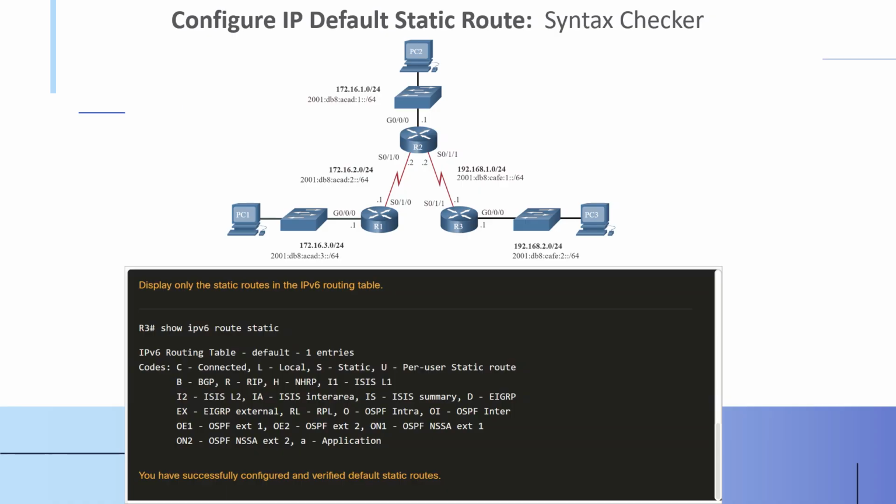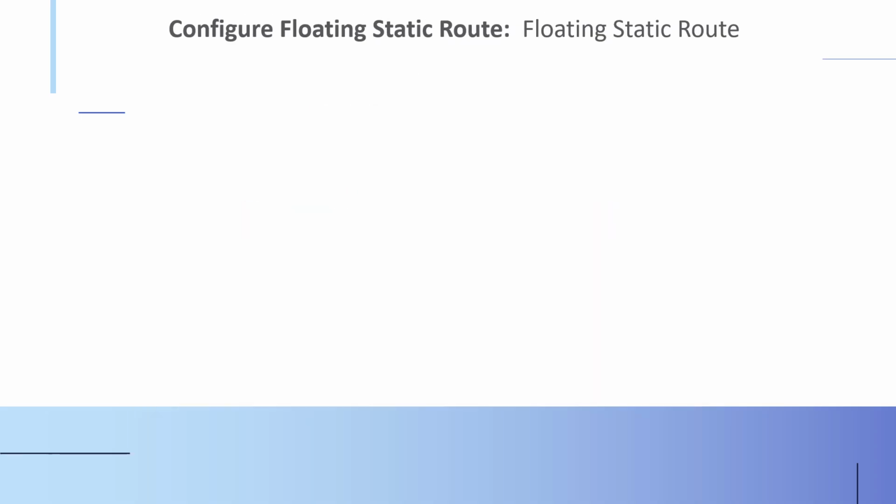After we are done with the default static route, what we will do is configure a floating static route. First of all, we have to explain what a floating static route is. Another type of static route, as we mentioned even in the first material, is a floating static route, which is a static route used to provide a backup path to a primary static or dynamic route in the event of a link failure.